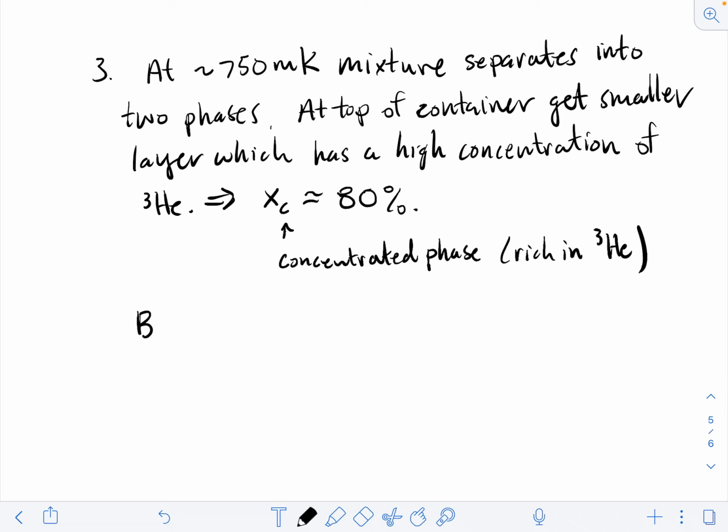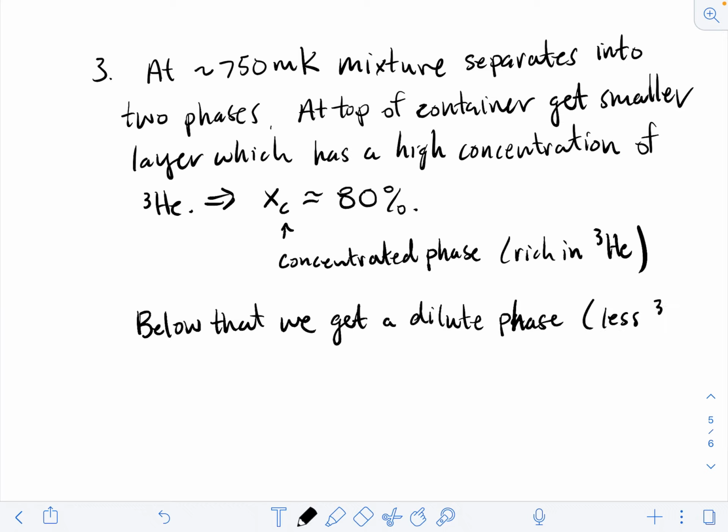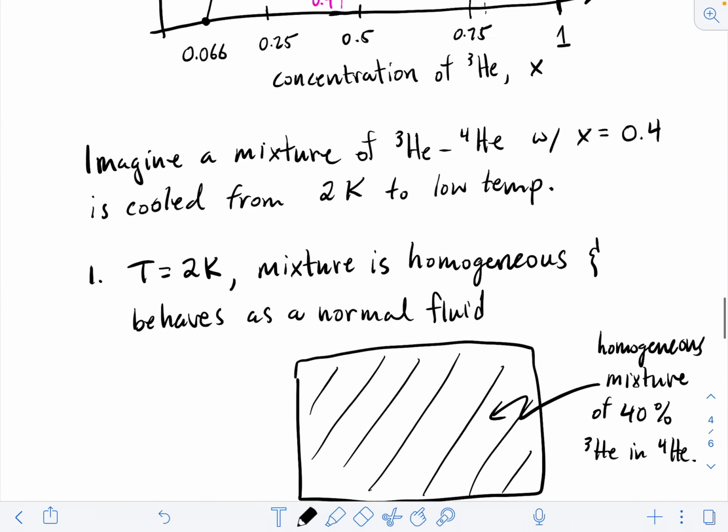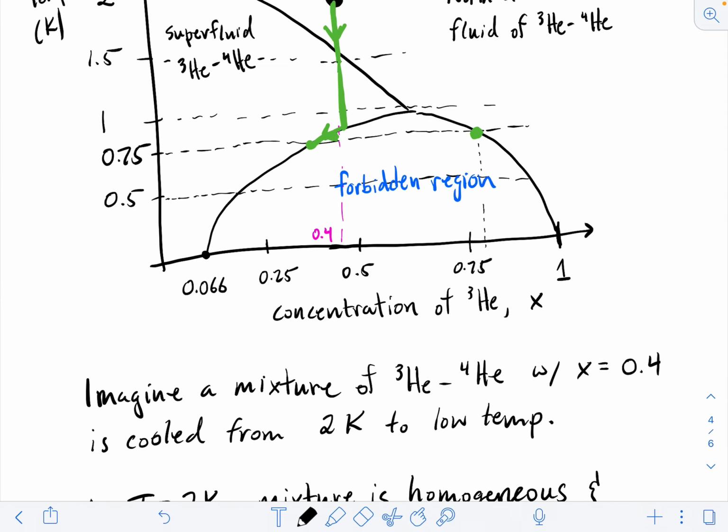Okay, and so below that, we get a dilute phase, which has less helium-3. And so if we go back to our picture, what is the concentration of that dilute phase?